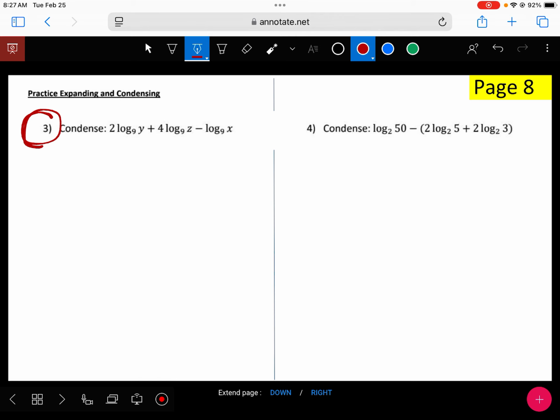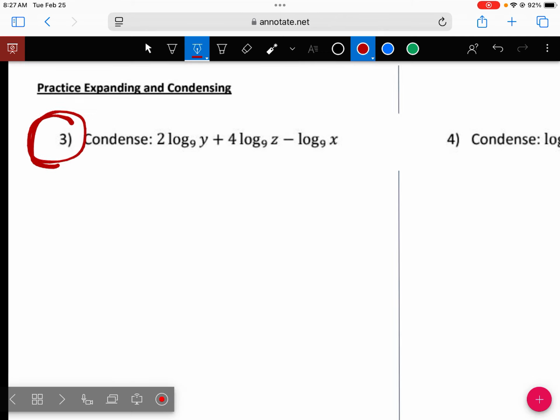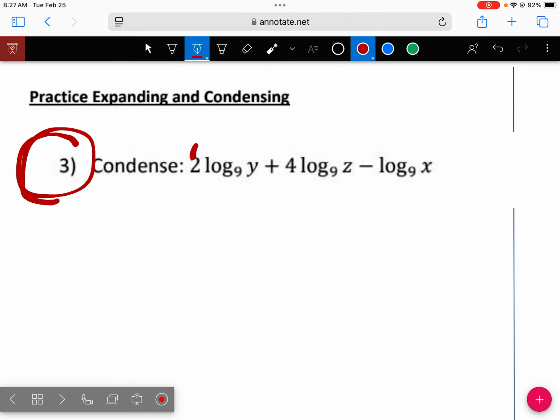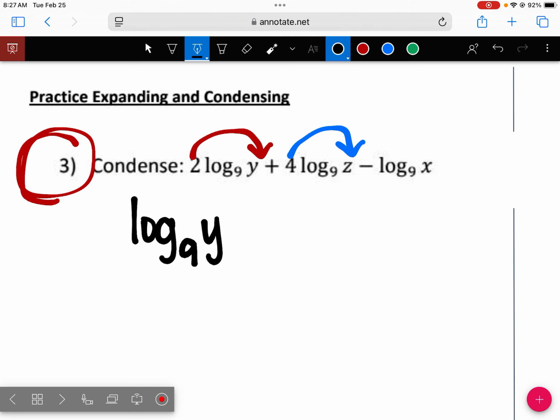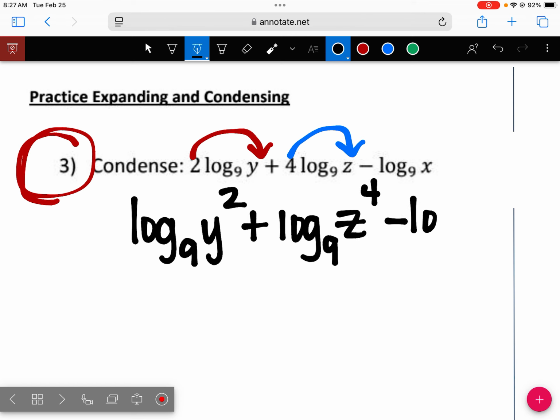All right, let's work through it together. Step number 1, look for numbers and move those. The 2 gets moved. The 4 gets moved. So we have log base 9 of y squared plus log base 9 of z to the 4th minus log base 9 of x.